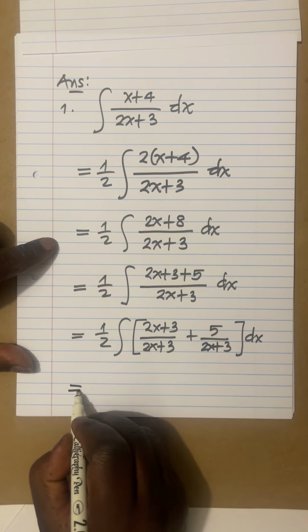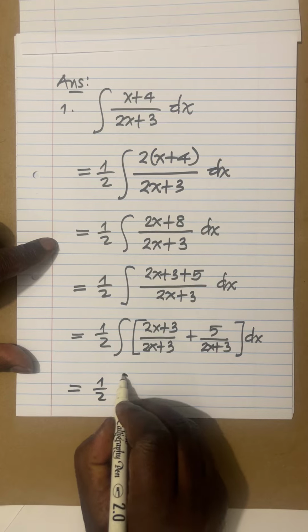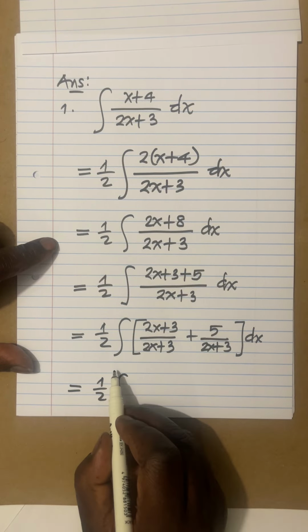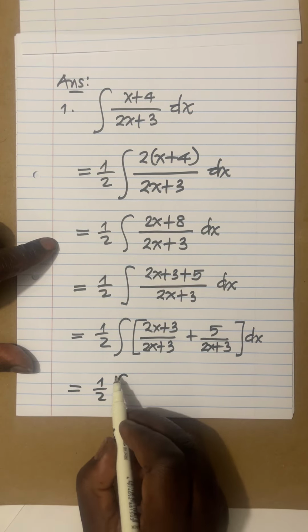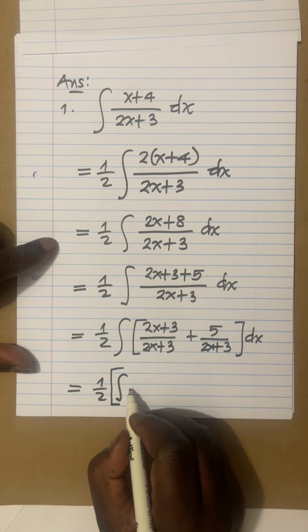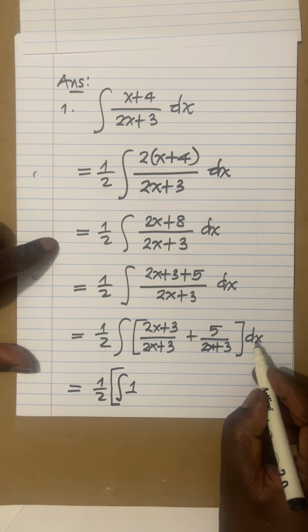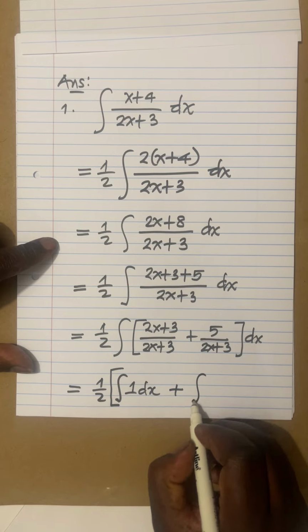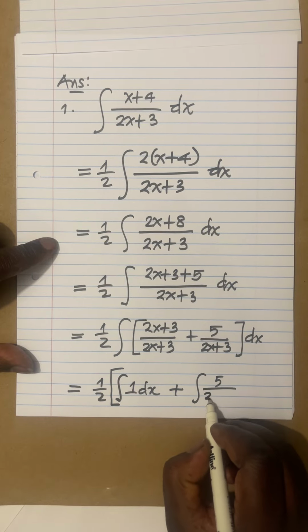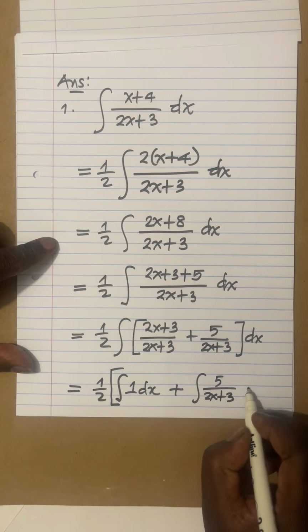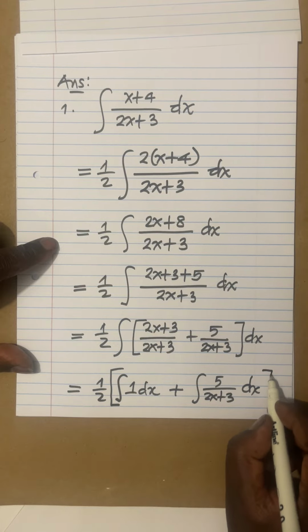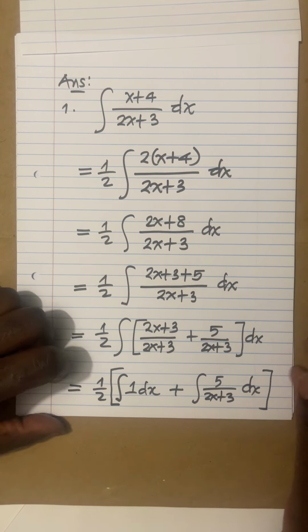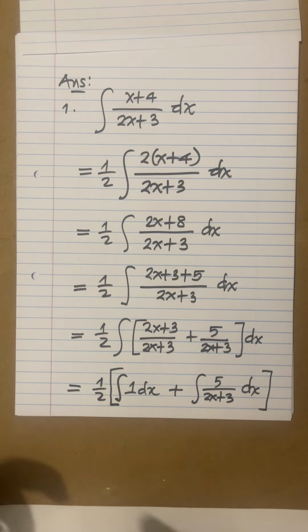So this is half the integral of, if I bring this bracket out there now, the integral of 1 dx plus the integral of 5 over 2x plus 3 dx, like so. Now let's move on to the next page.